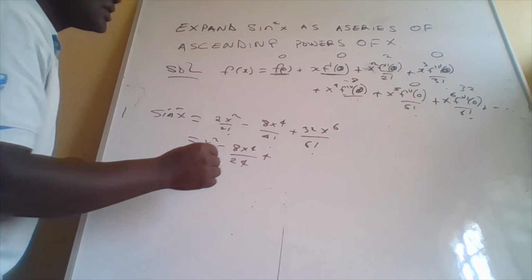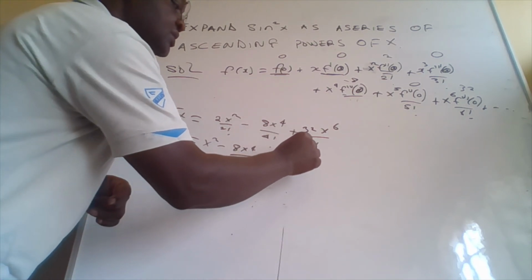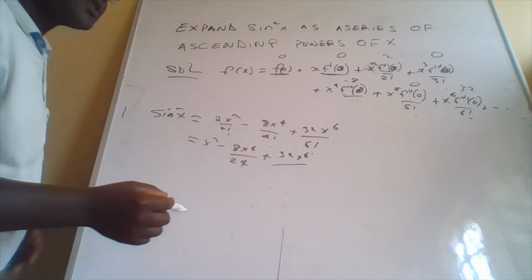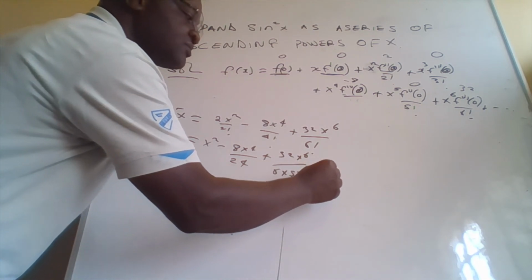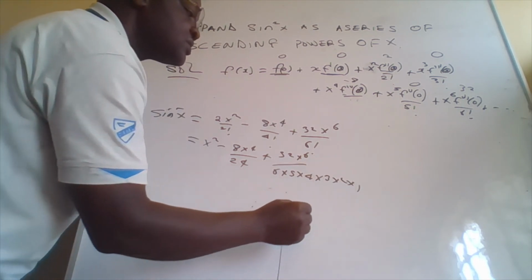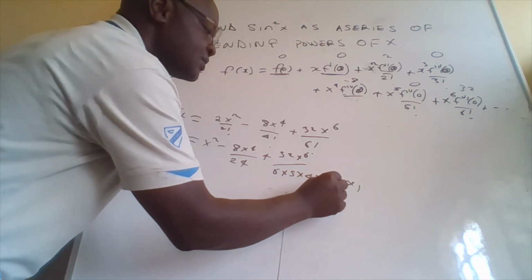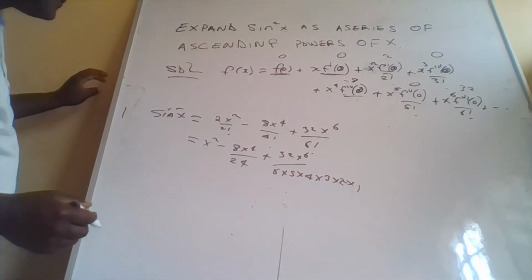Then plus 32x to the 6 all over 6 factorial, which is 6 times 5 times 4 times 3 times 2 times 1.